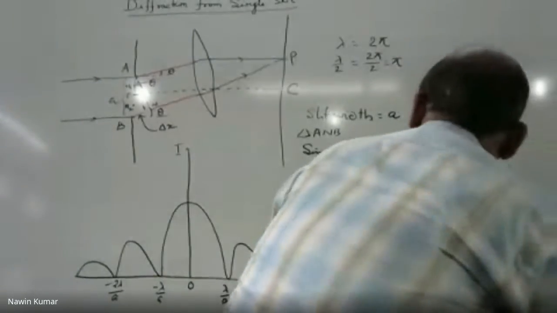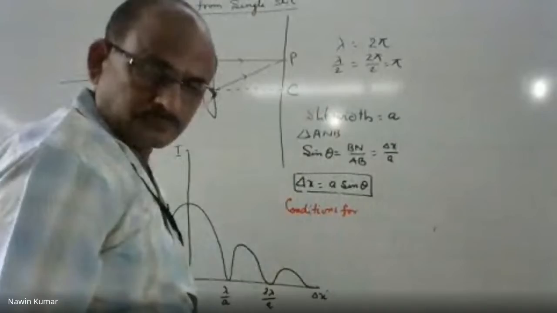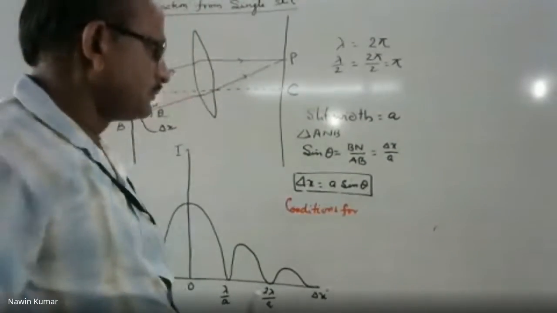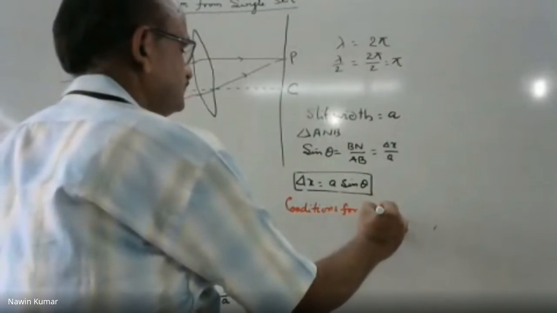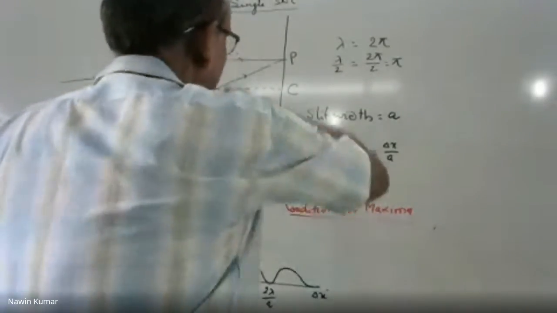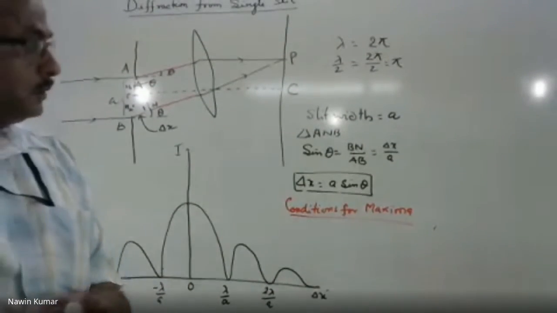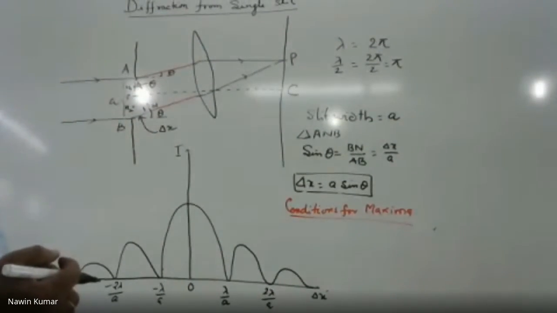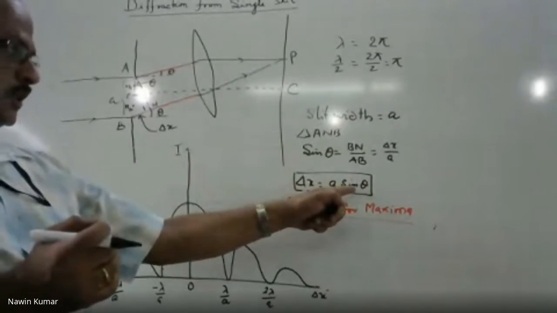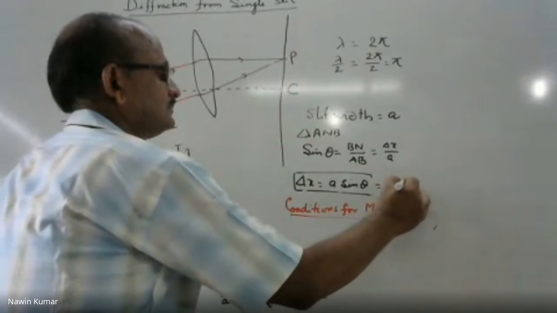Now we will take the condition for maximum. Center is always maxima, so here it is the secondary maxima, the next one. Now let this angle here be a small angle, theta.